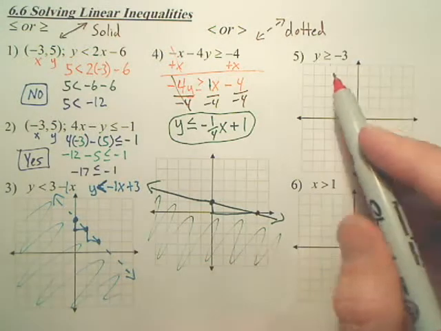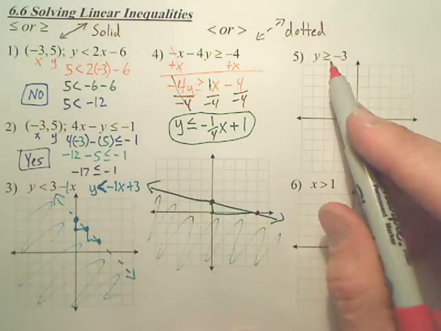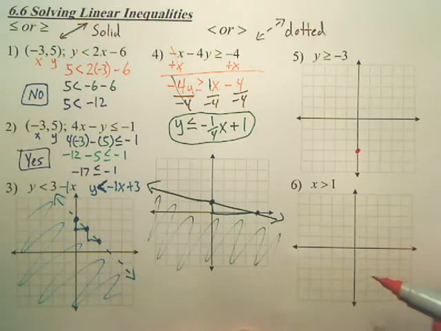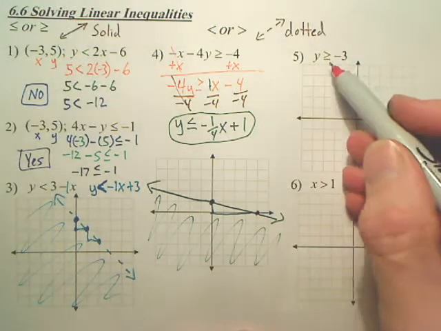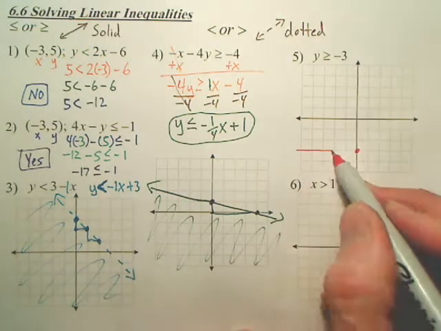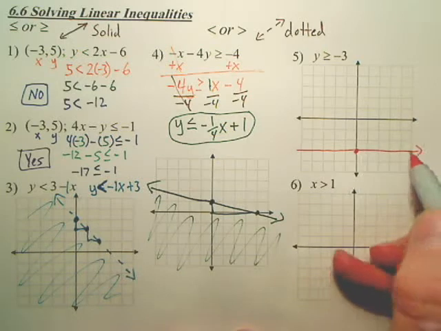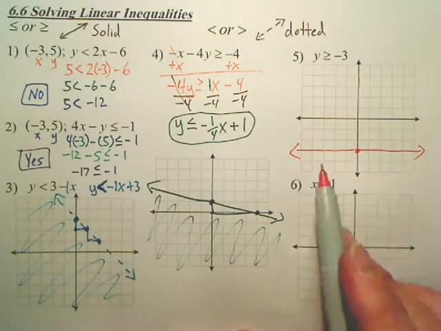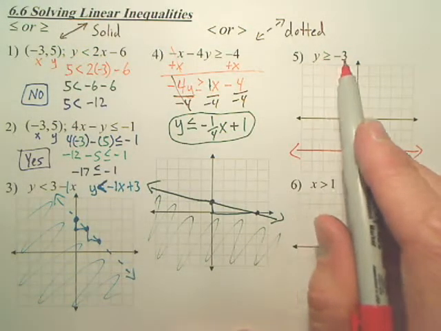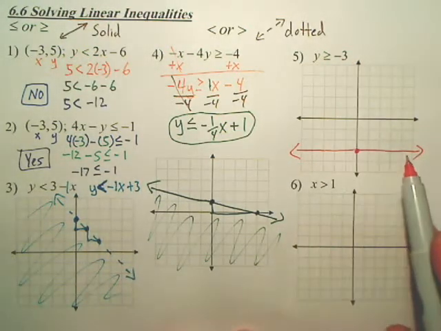Okay, next one. This is a little bit different. This is like one of those vertical or horizontal lines. Y is negative 3 right there. Is that dotted or solid? Or equal to means solid. Do you remember y equals 3? The graph looks like that. For this graph, is y always negative 3 for that red line?